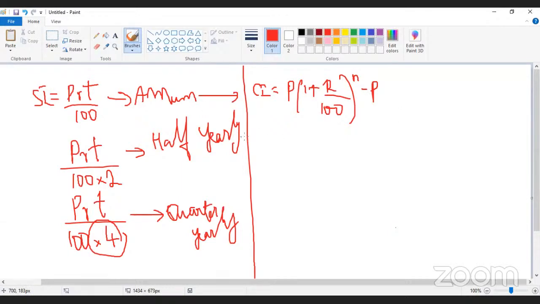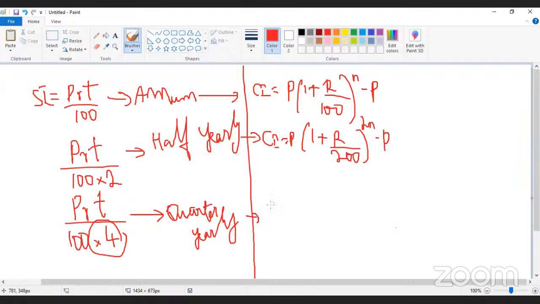So next one based on half yearly. Compound interest is equal to principal bracket of 1 plus R by 200 to the whole power 2n minus P.